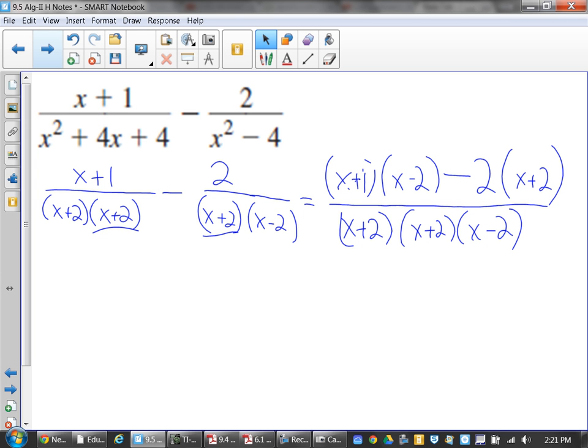So, again, at this point, all you have to do is your numerator, you multiply out and combine like terms. When you do that, you get, let's see, the x squared minus x minus 2 minus 2x minus 4. And where you guys are going to screw up is this last piece.